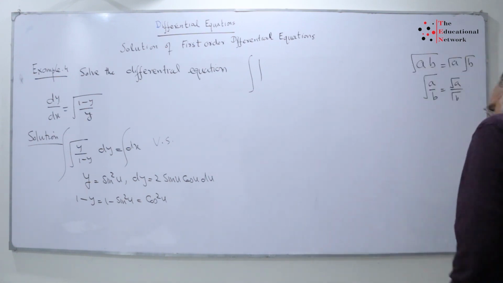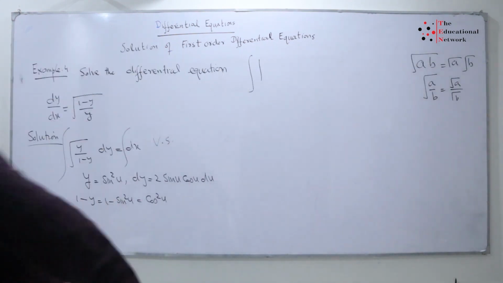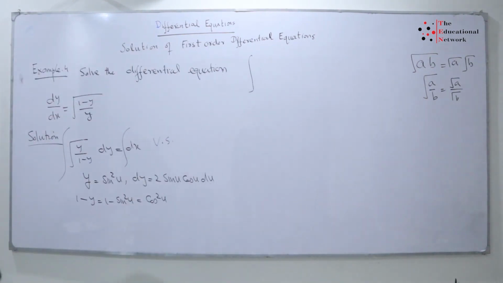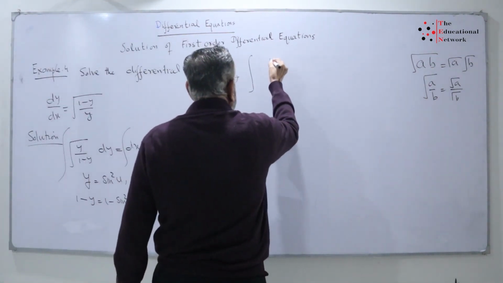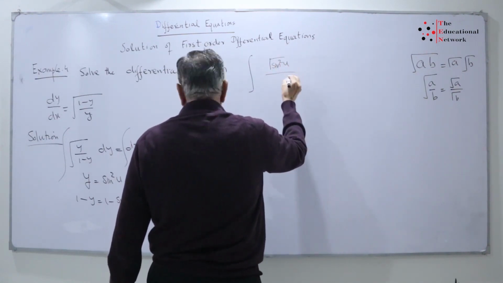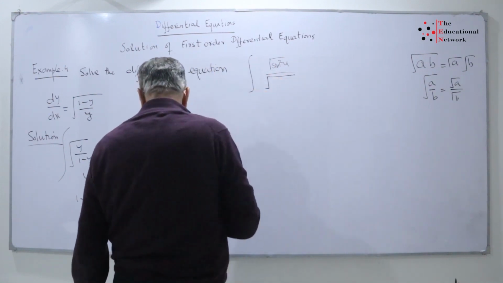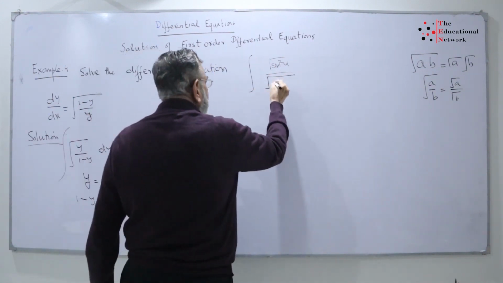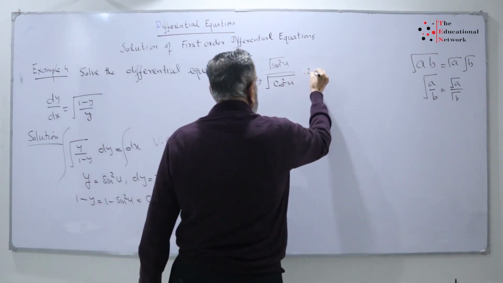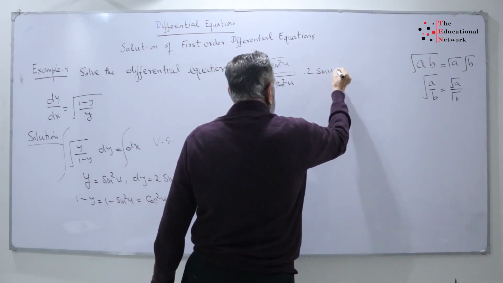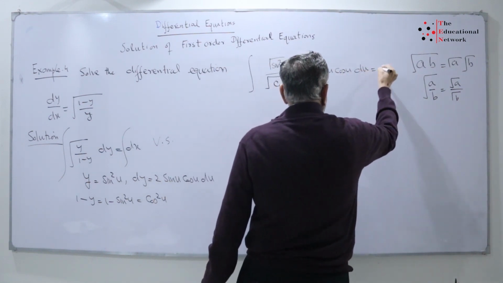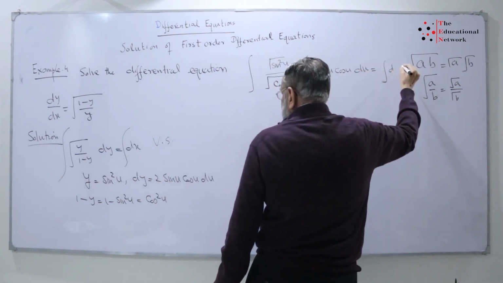So we use this, and we take the root sign separately: root of y, where y is sine square u, and root of 1 minus y, where 1 minus y is cosine square u. And my dy is 2 sine u cosine u du, and the right hand side is only dx.